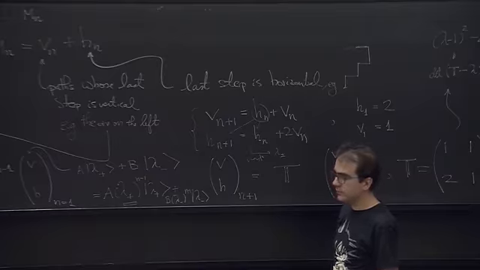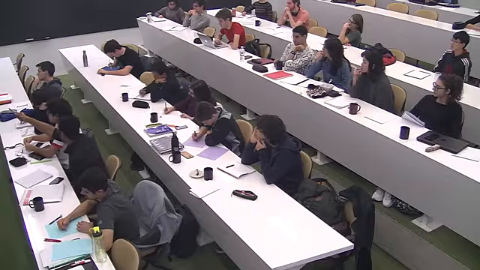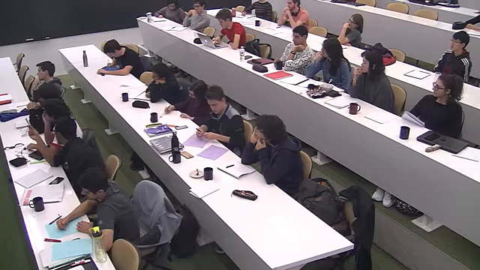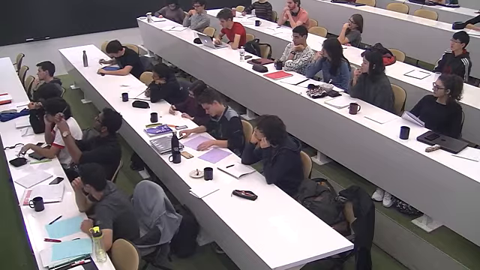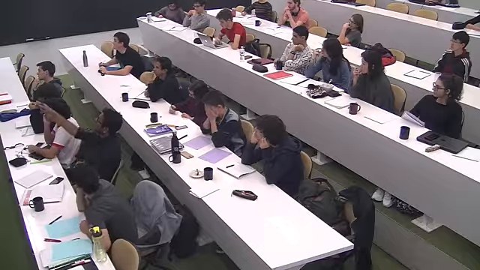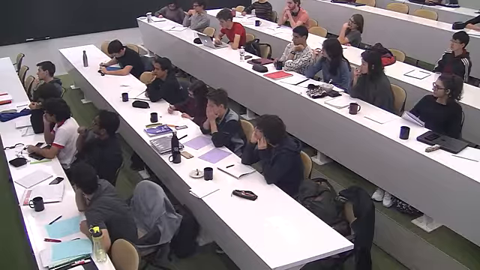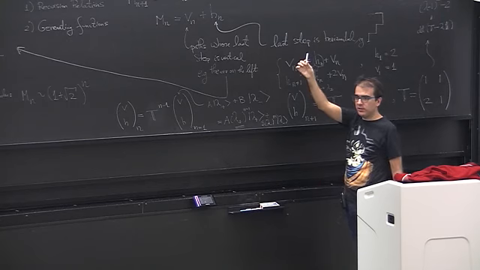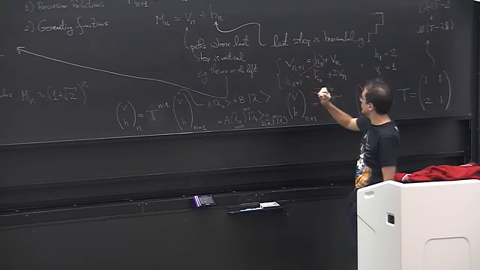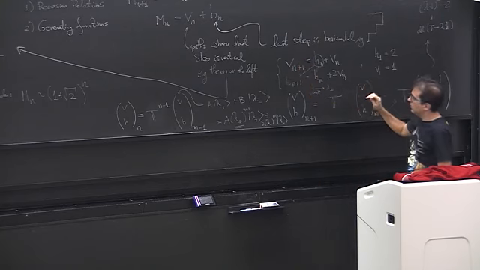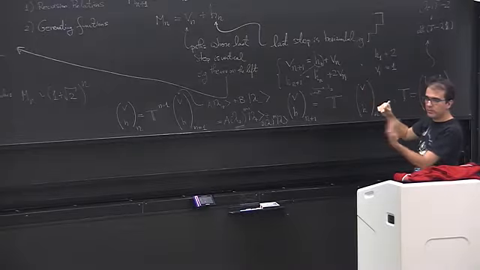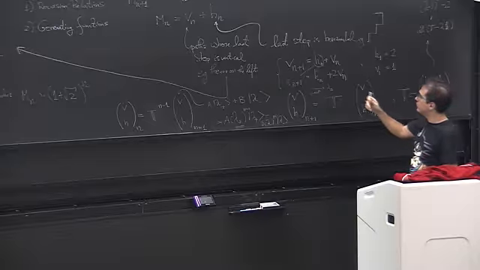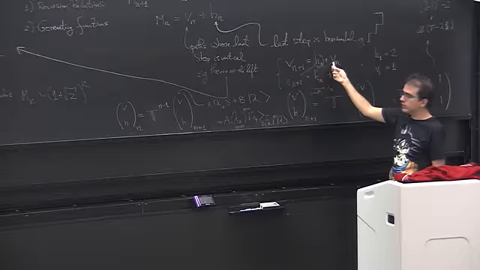Yes? The first equation that you wrote, that Vn plus 1 is Hn plus Vn. When you remove one step, don't you have two options there as well? So if I have a path that ends up vertically, if I remove one step, it comes from a horizontal path or a vertical path.